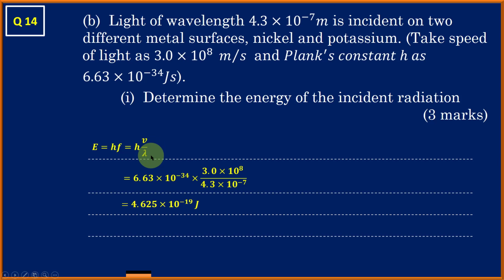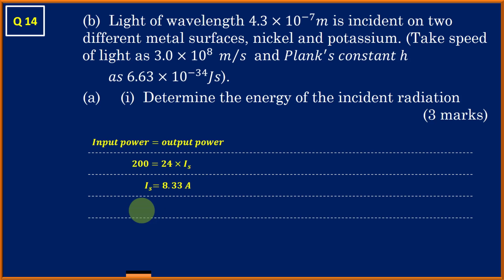But even if you were to use v, it is understood. So when I substitute all these values inside here, I get 4.625 by 10 raised to minus 19 joules.